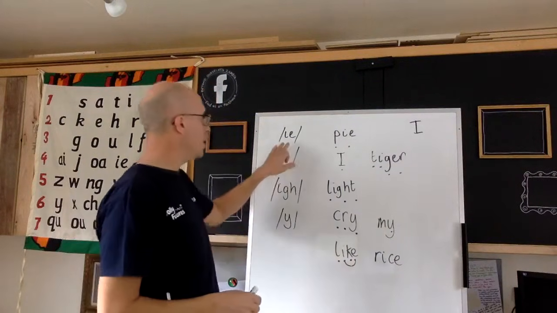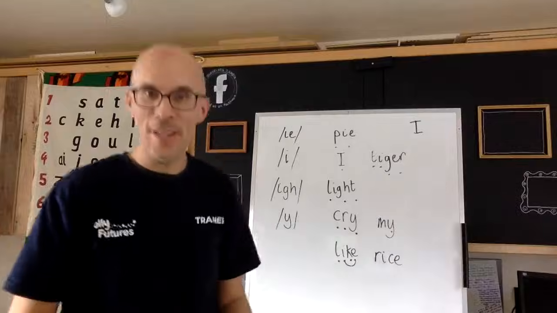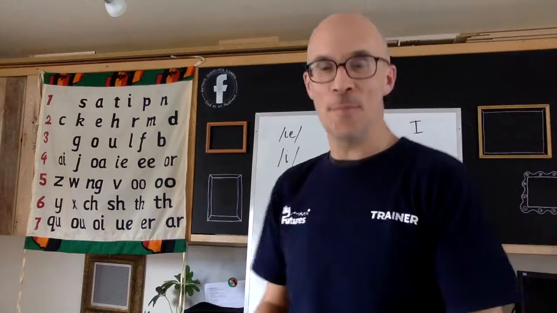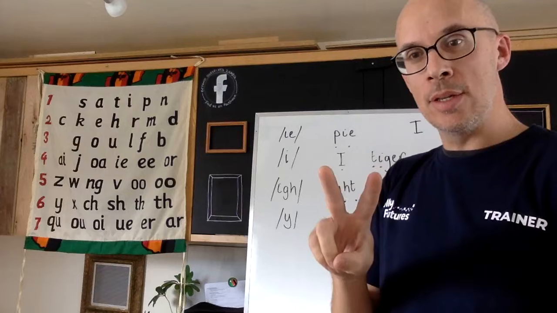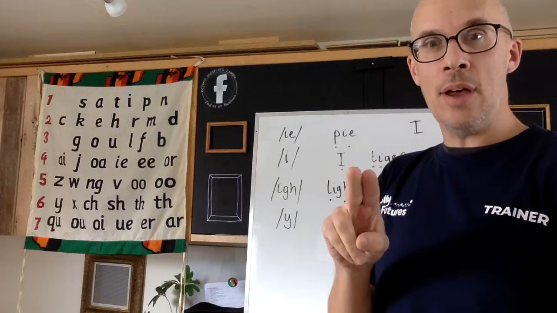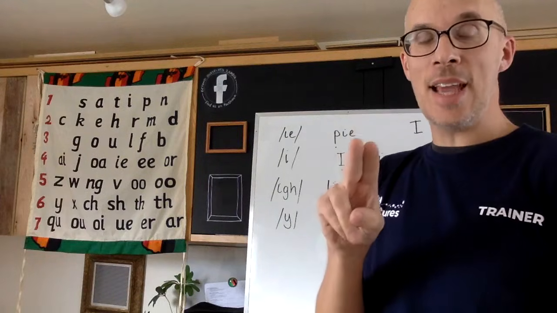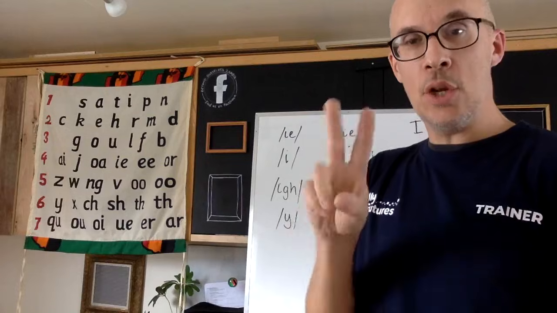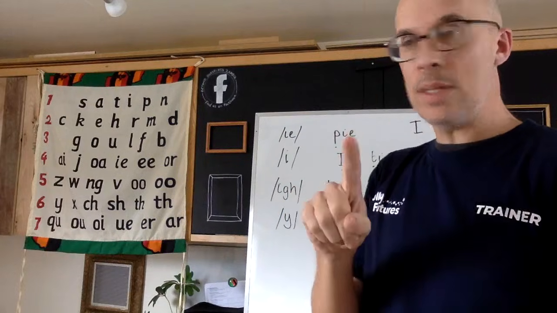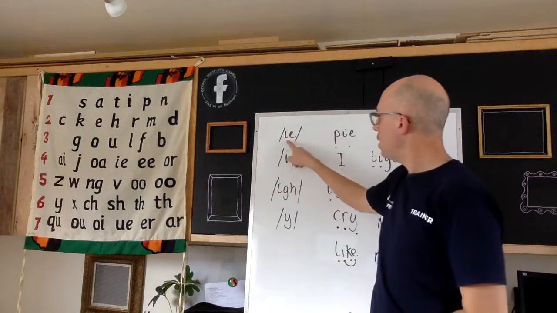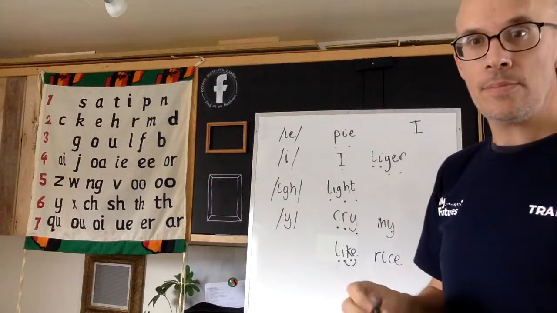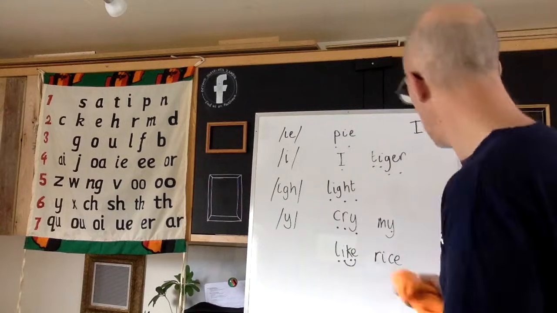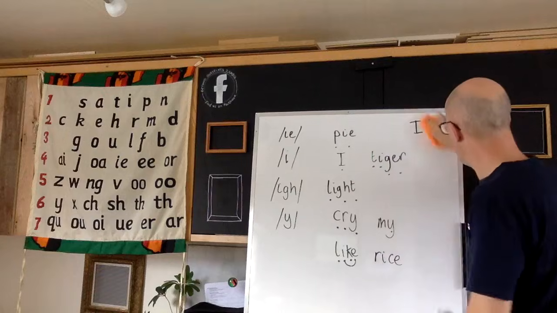So we call this, let me give you a chance to answer. What is it called when you've got two letters that are together that make one sound? So here, two letters making one sound. What's that called? Okay, I'm going to give you a chance to answer on there.